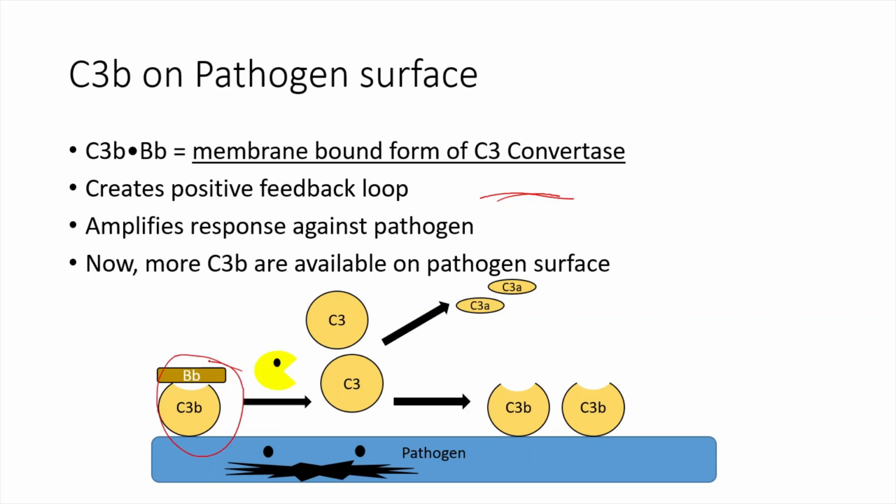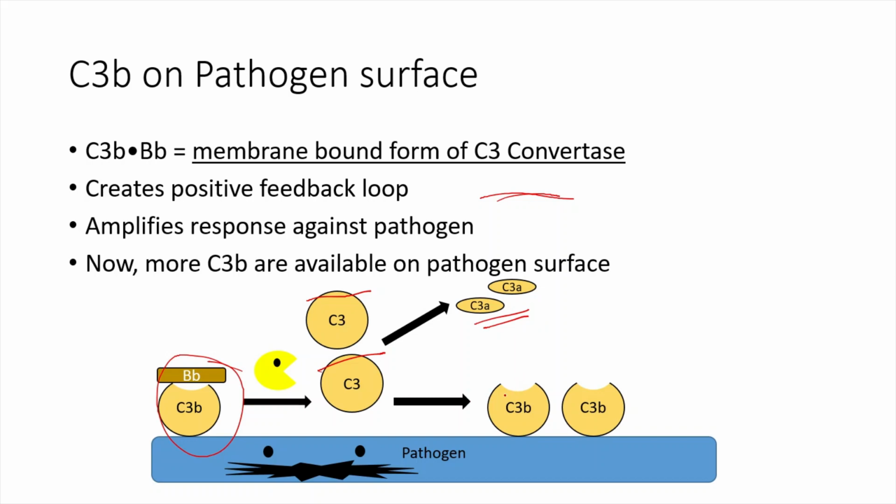This entire complex cuts more free-floating C3 in the surrounding. Chop it up, get more C3a, which further increases vasculature permeability. You can get more cells into the area, more macrophages.